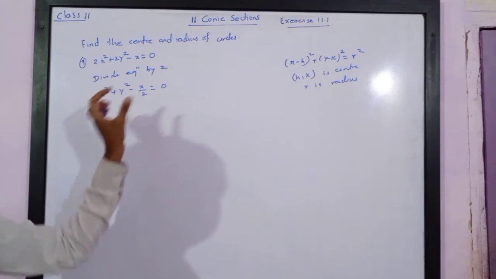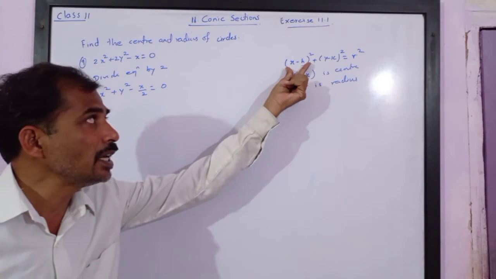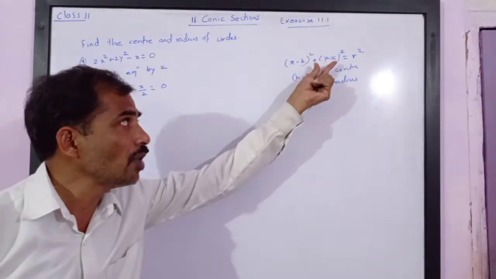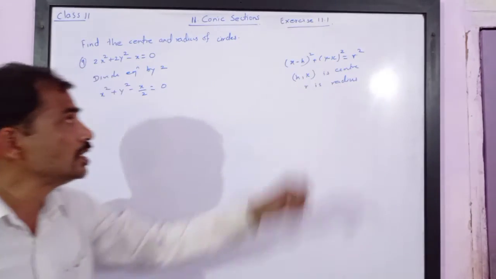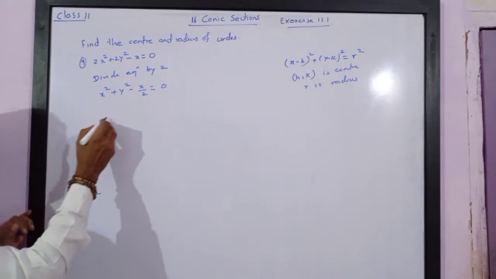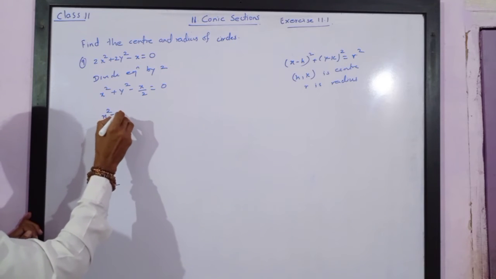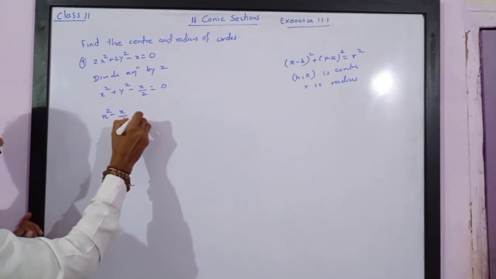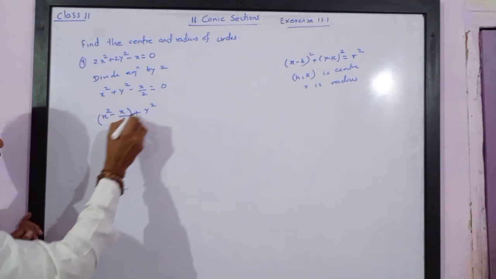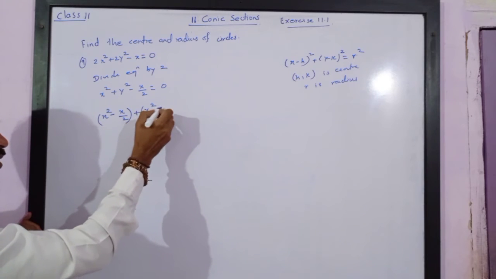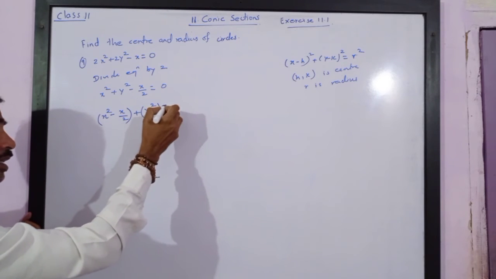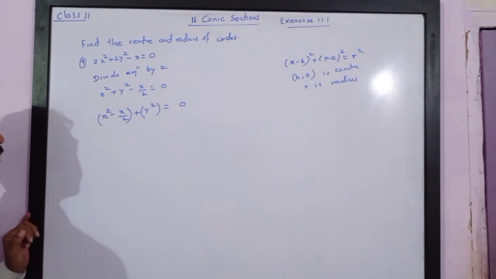Now we have to write this equation in the form (x minus something) bracket square plus (y minus something) bracket square is equal to r square. So if you arrange, you will get x square minus x upon 2 plus y square. I have separated the x terms, is equal to 0.